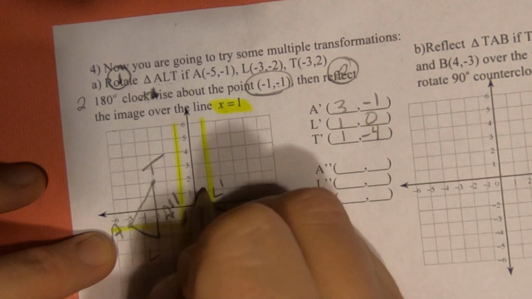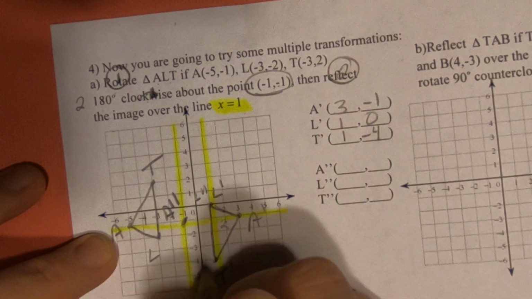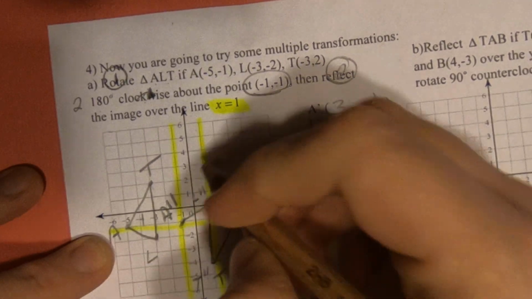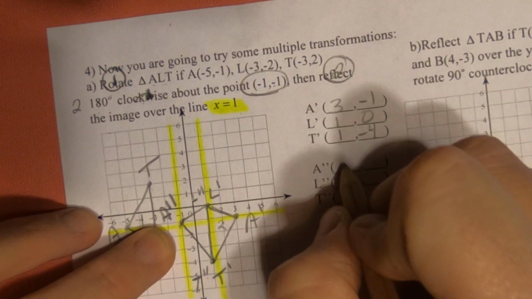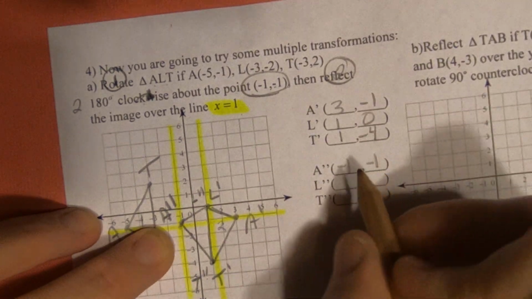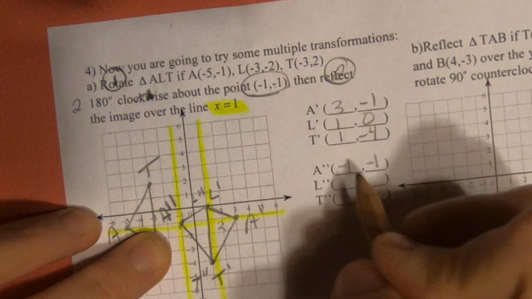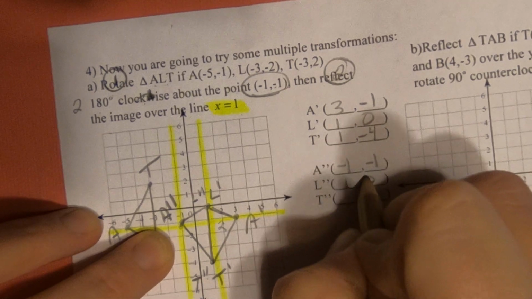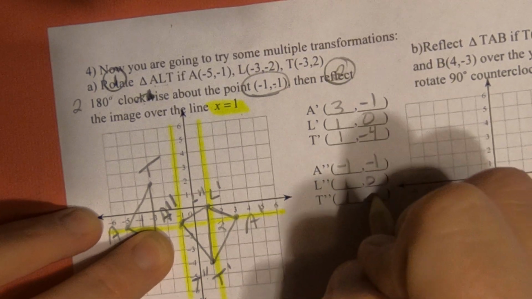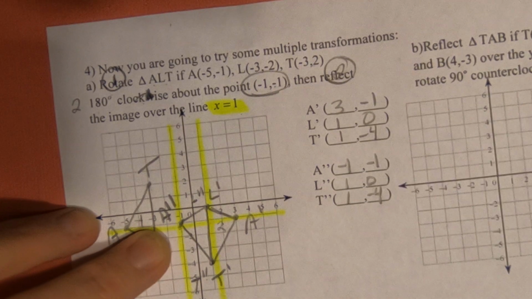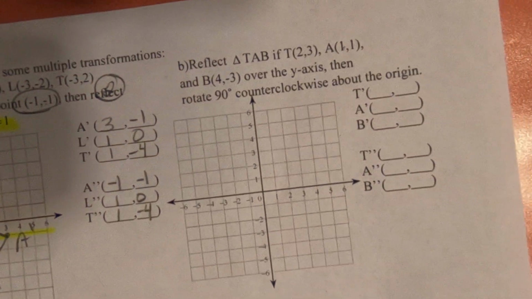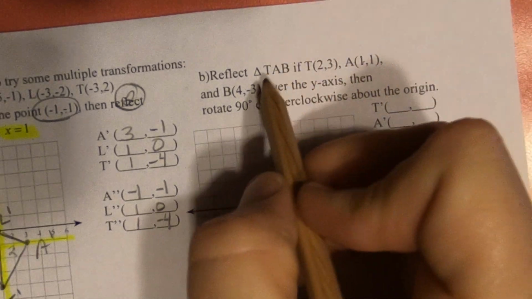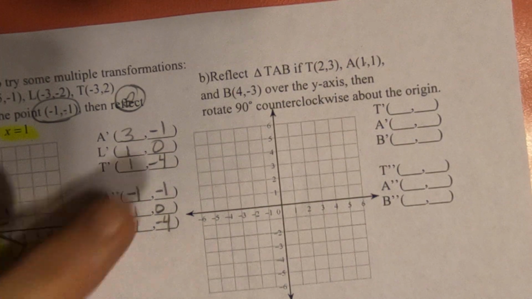L double prime lands on itself because it's on the line. T double prime lands on itself because it's on the line. Use your straight edge, connect your dots. So A double prime is -1, -1. L double prime is going to be 1, 0. It was on the line, so it didn't move. T double prime is 1, -4. Okay.